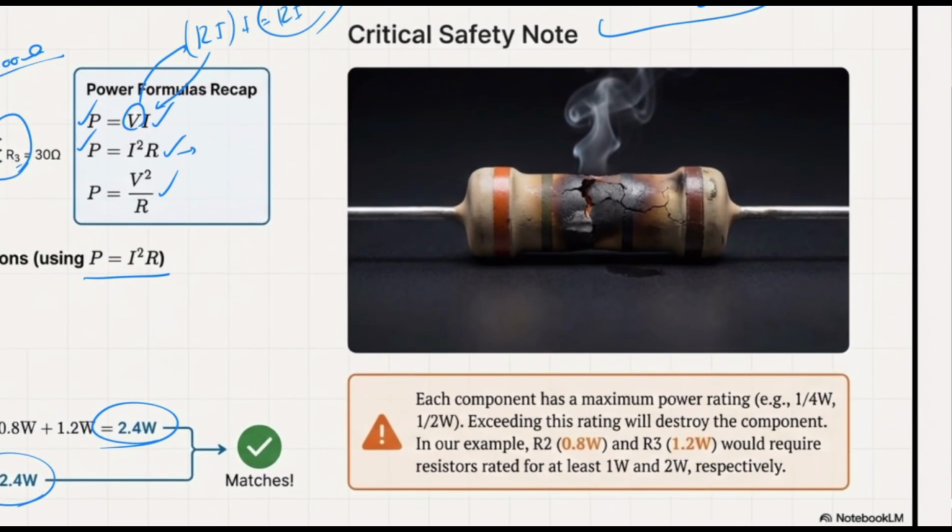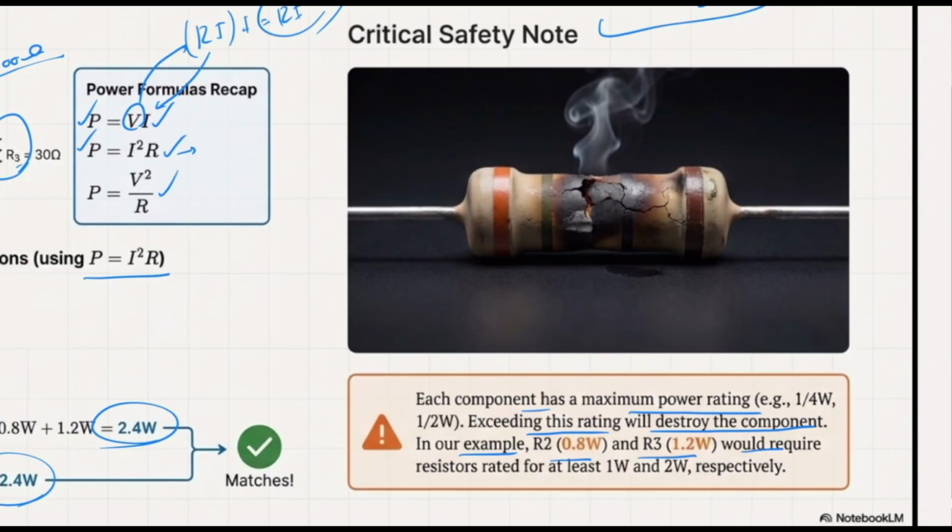Very important thing. Each component has a maximum power rating. It means that each component you have can only handle a specific amount of power. If something happens and the power exceeds this amount, the component is going to be destroyed. For example, in some of the examples that you had, R2 was 0.8 watt and R3 was 1.2 watt.